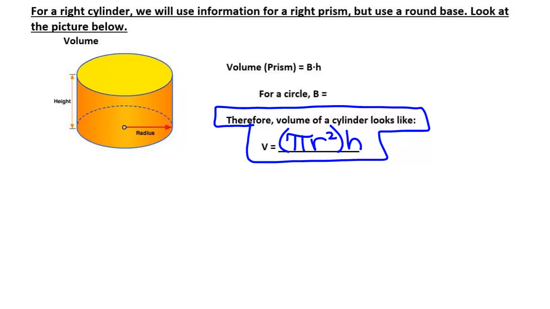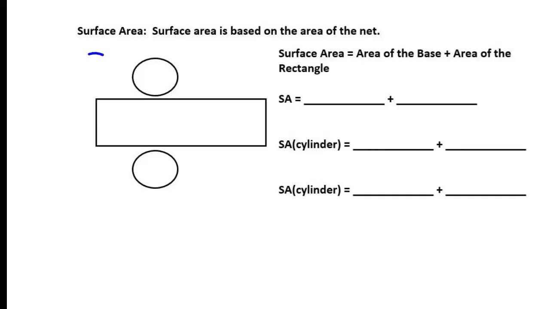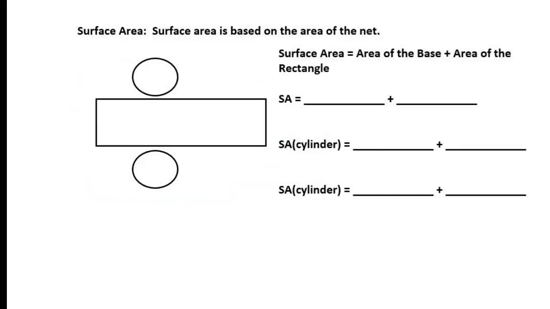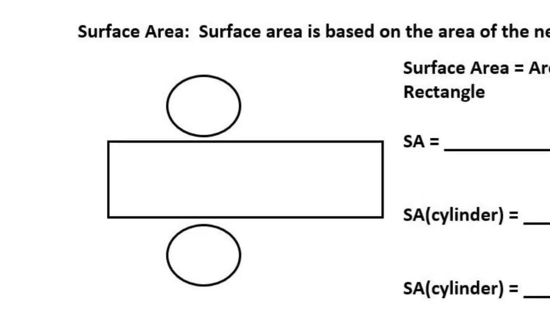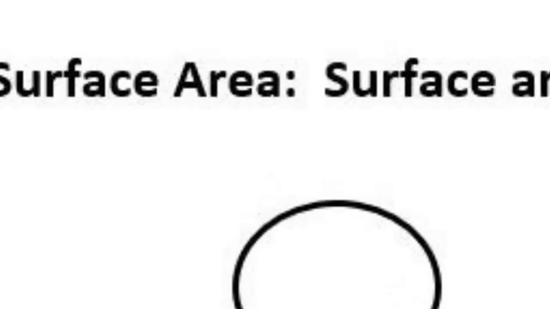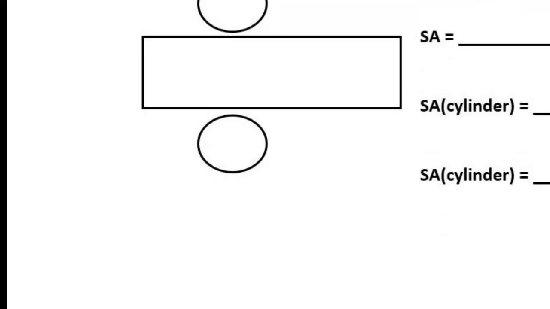For the surface area, I have a deconstructed cylinder right over here showing all the pieces that we would need to make our cylinder or our can shape. So we have our two circle bases. How do you find the area of a circle? Pi r squared.